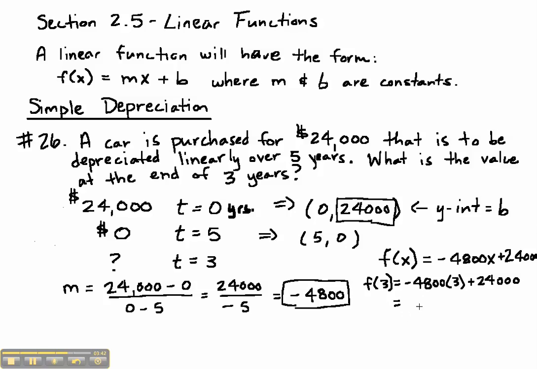And 4,800 times 3 is a negative 14,400. So negative 14,400 plus 24,000 would be a positive 9,600. So our final answer is that at the end of 3 years, the value of the car is $9,600.